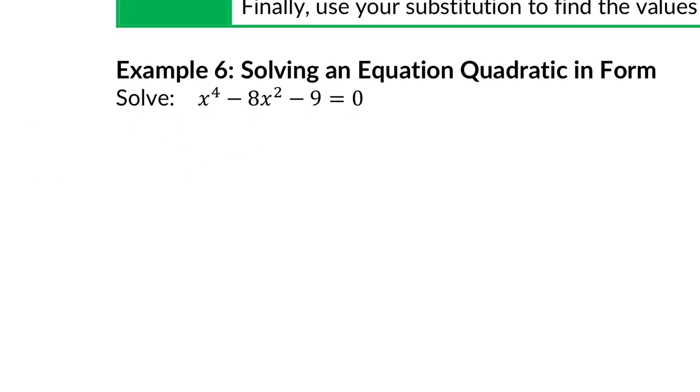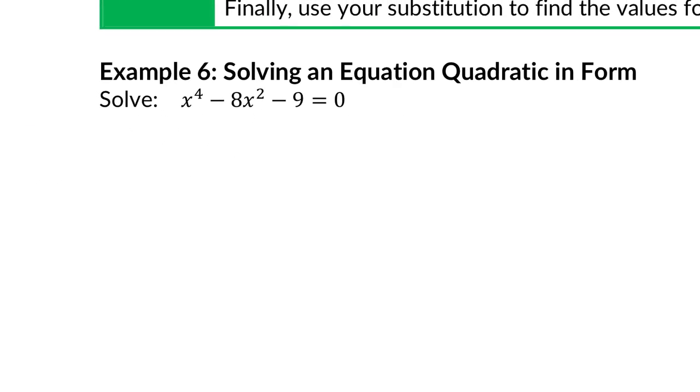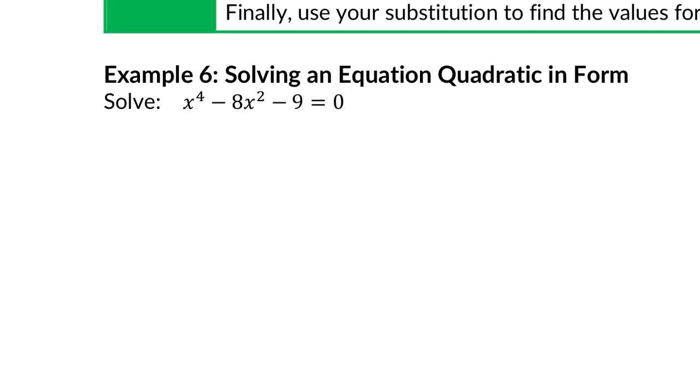On first instinct, most of you say, Miss Quigley, that is a cubic or a quartic function. I agree. But if we do a little bit of substitution, I'm going to let the letter u be equal to x squared. Where did I get the x squared from? You could use any letter, but naturally in math, if you're doing a substitution like this, you would use the letter u.